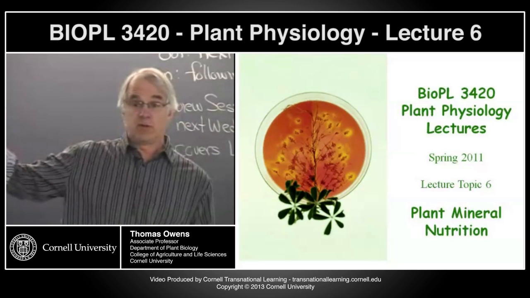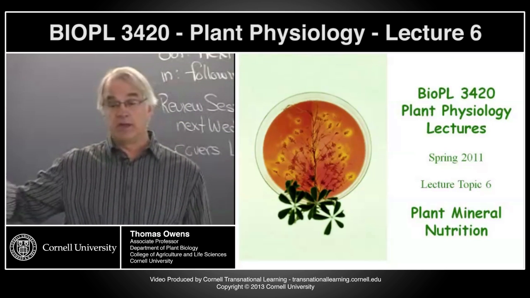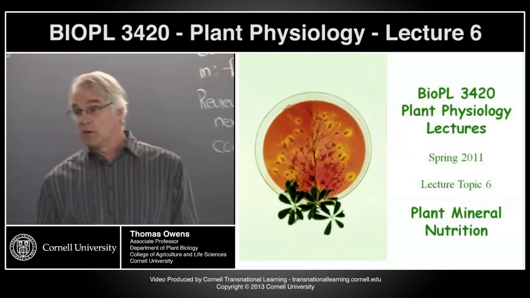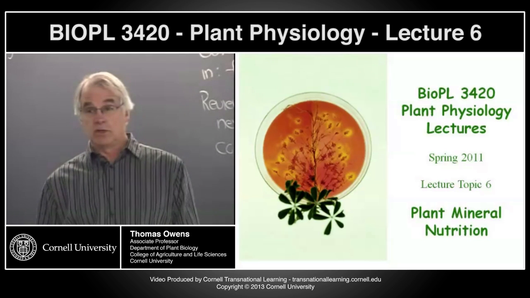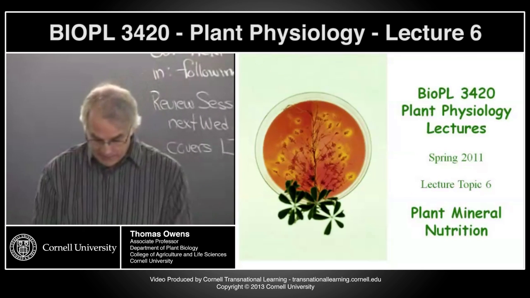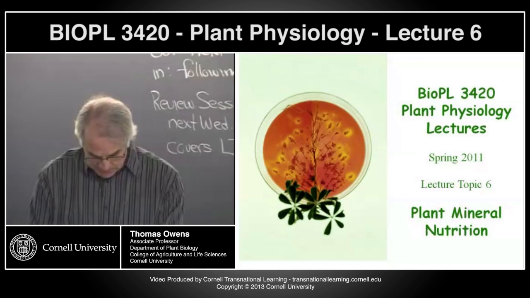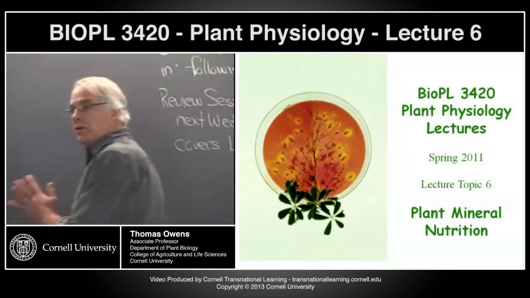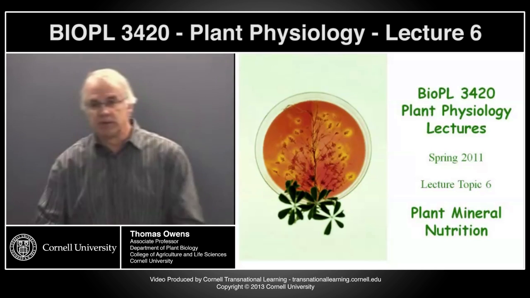So for example, nitrate ion is the main way that nitrogen is taken up into plants. But nitrogen in plants is mostly in proteins and nucleic acids. So how do you go from an inorganic ion to these organic compounds? That's the assimilation process.